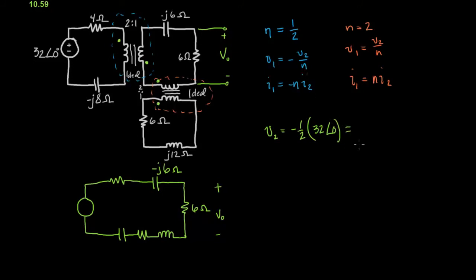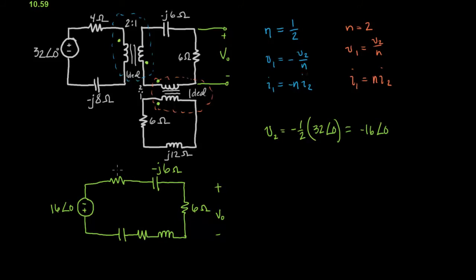And that equals minus 16 angle 0. So that tells us that the polarity flips when we reflect this power source. So that's going to be 16 angle 0.